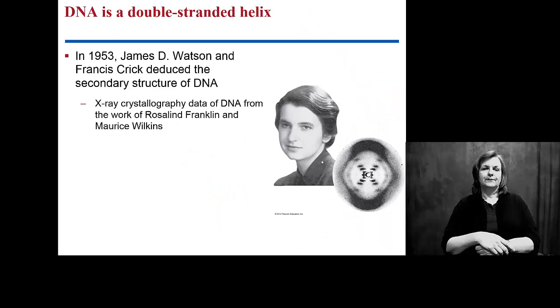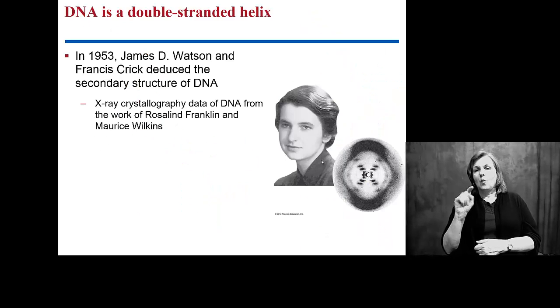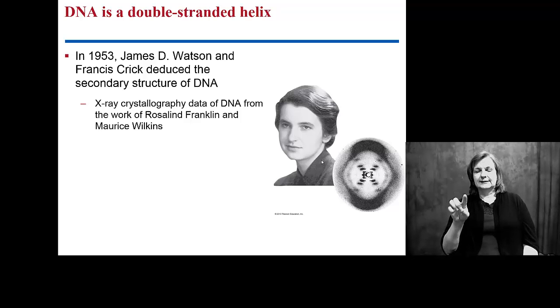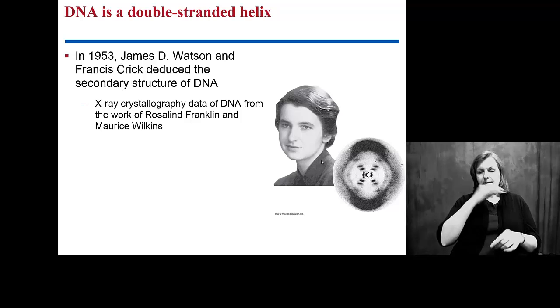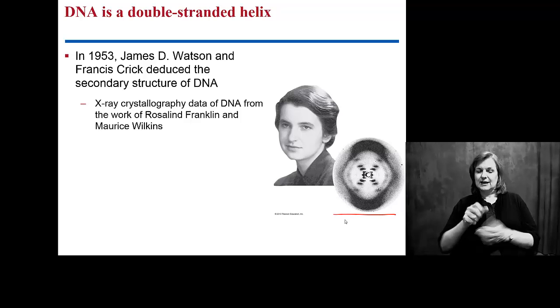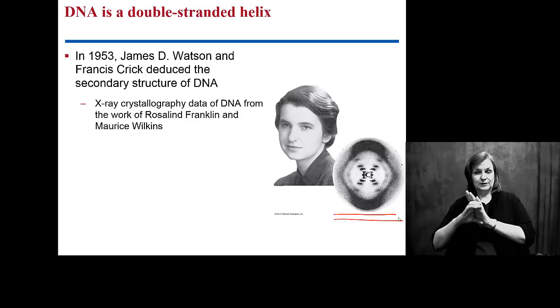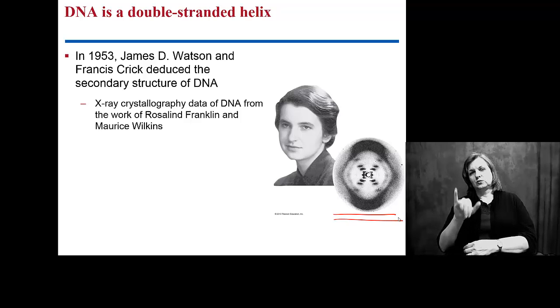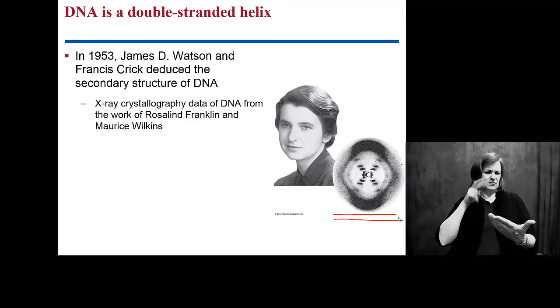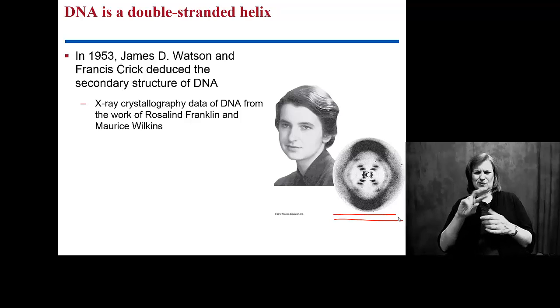Some of you may also know that Watson and Crick worked with a woman named Rosalind Franklin, and they also worked with Maurice Wilkins in determining DNA's double-stranded helix. And this is actually a picture of the X-ray crystallography structure that Rosalind took to determine that DNA is double-stranded. Now, from this picture, some of you may not be able to understand how we get DNA is double-stranded in this case.